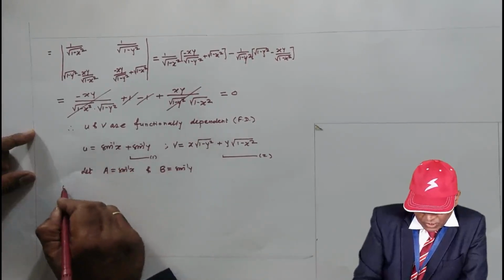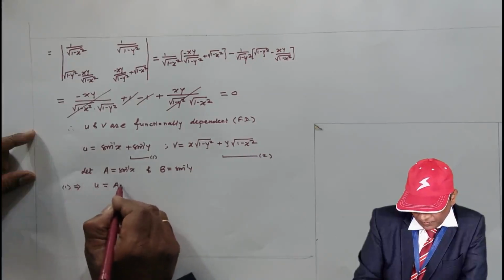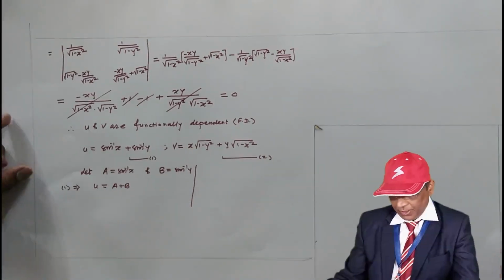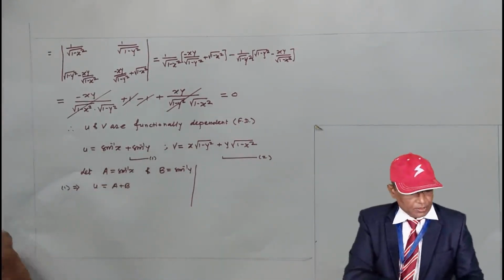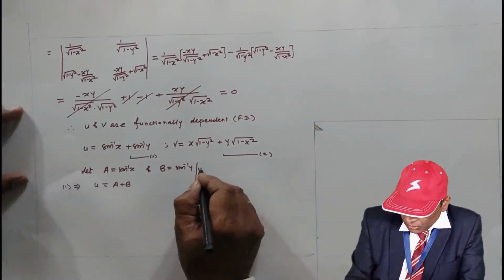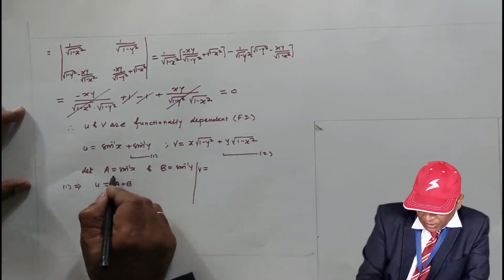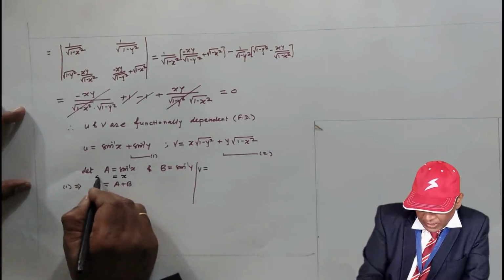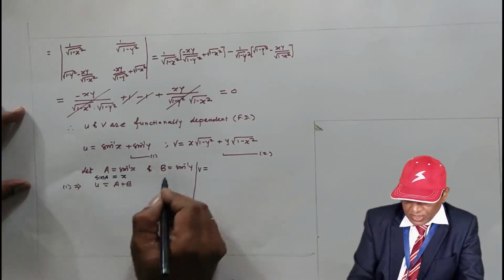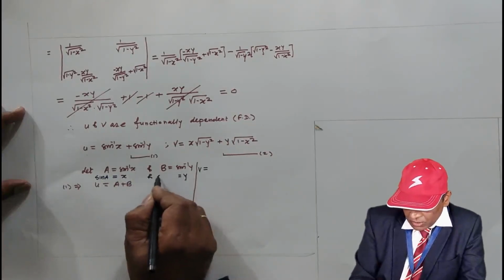Therefore, equation 1 becomes u equal to a plus b. Now, sin inverse x is a, therefore x is sin a. And y is sin b.